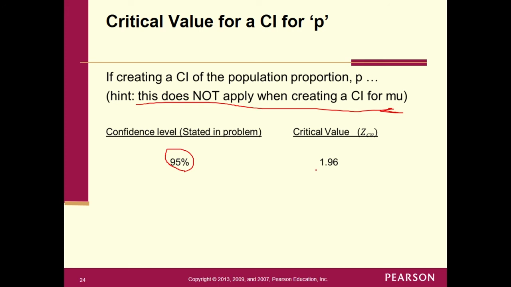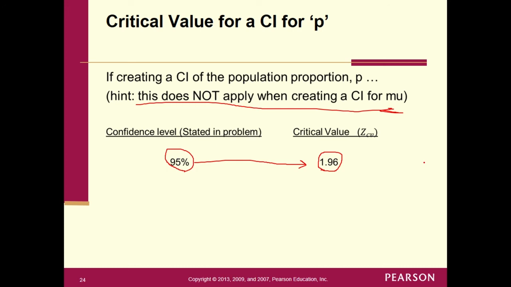Remember, about 95% of the data is within 2. 95% is about 2 standard deviations, or in this case, standard errors away. And so you can imagine where that 1.96 came from. We're just being more precise than the empirical rule.